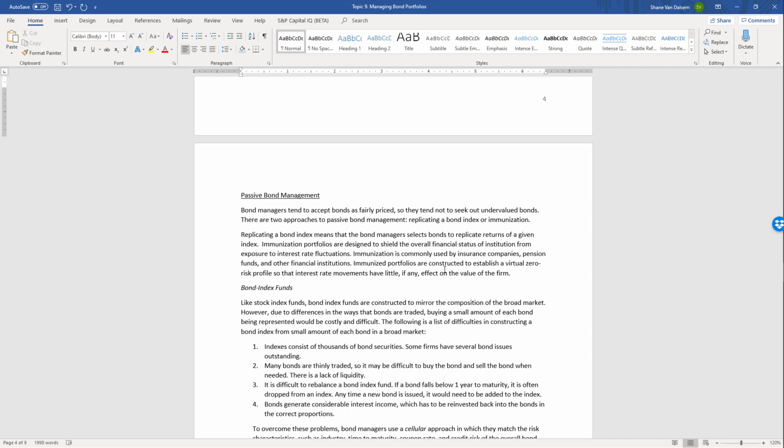We're going to work through a big example of this later on. I'm going to show you the example in these notes, and we're going to work through a little bit of it, and then in another video that I've made, I work through the entire example. Immunized portfolios are constructed to establish a virtual zero risk profile so that interest rate movements have little, if any, effect on the value of the firm.